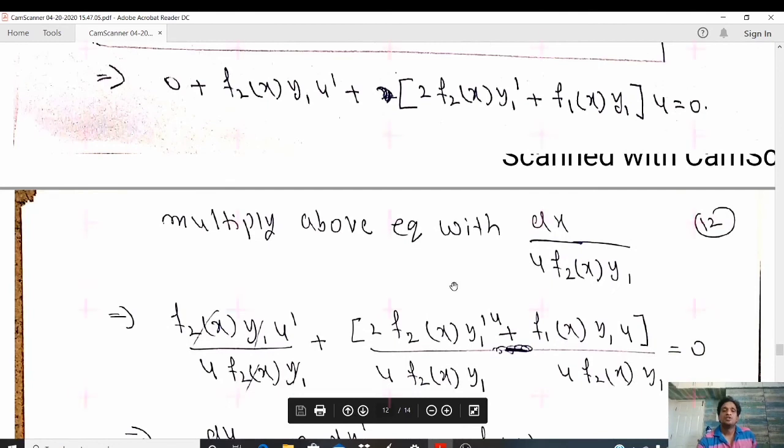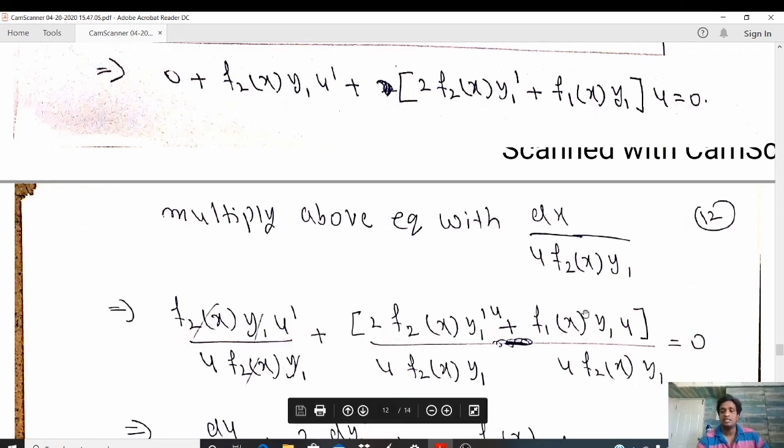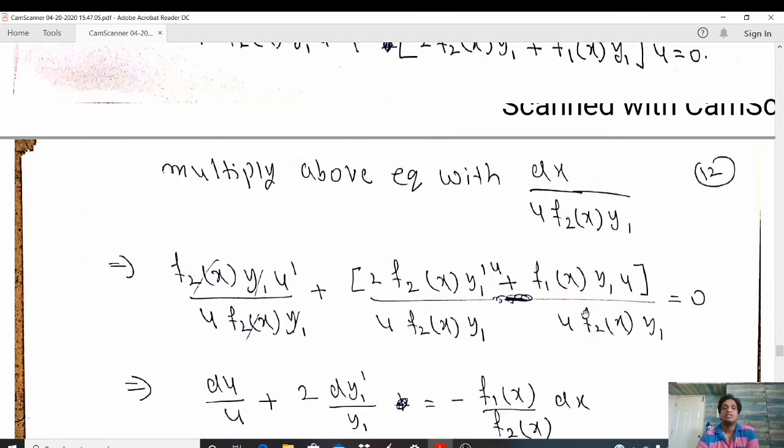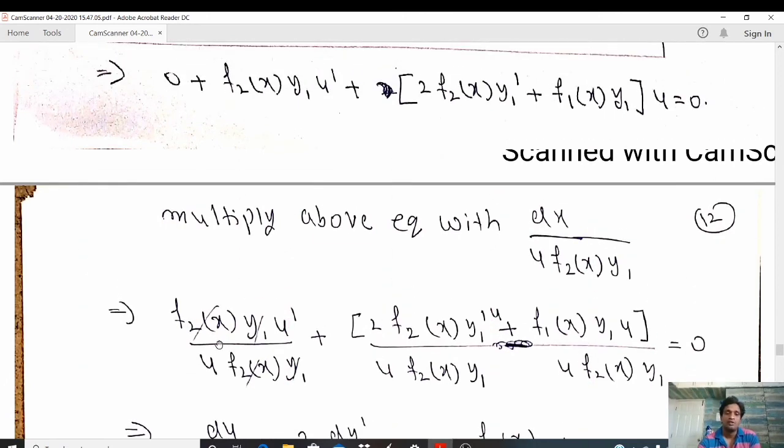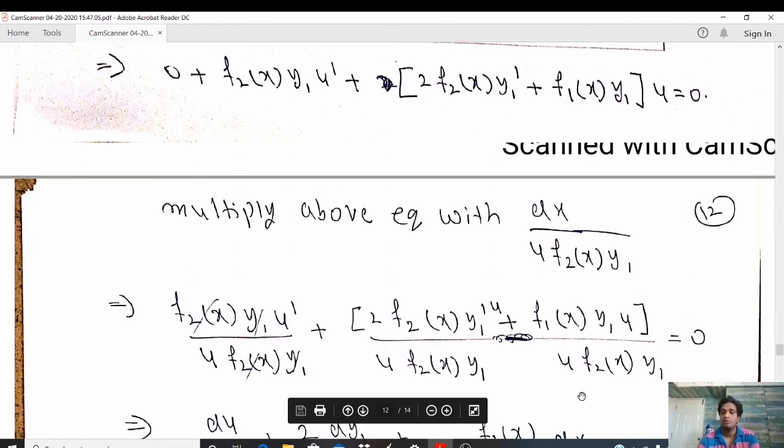Okay. So multiplying the above equation by dx over u times f2 y1. See, here we have 3 terms, and each term I am multiplying by this. I skip dx here; at the time of integration we will write it. So f2 y1 u dash by u f2 y1, plus this value by u y2 f1, and the last value by u y2 f2 y1.